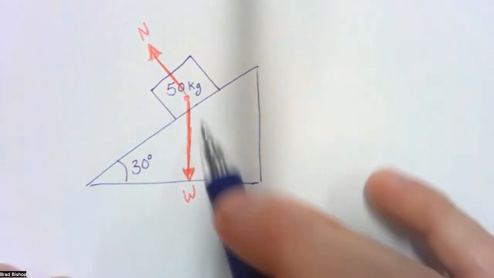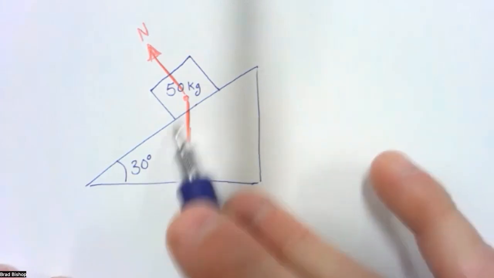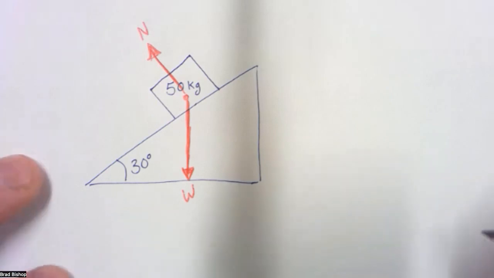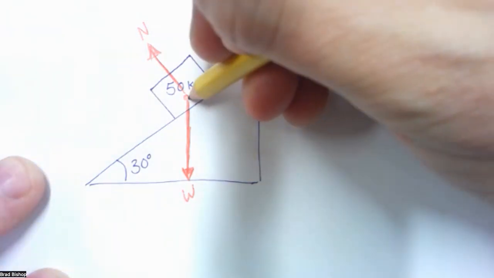What we're going to do is actually think about this weight. And instead of directing this weight straight down, we're going to change a little bit how we are considering that force. Instead of the weight directing straight down, we're going to consider two components of that weight.